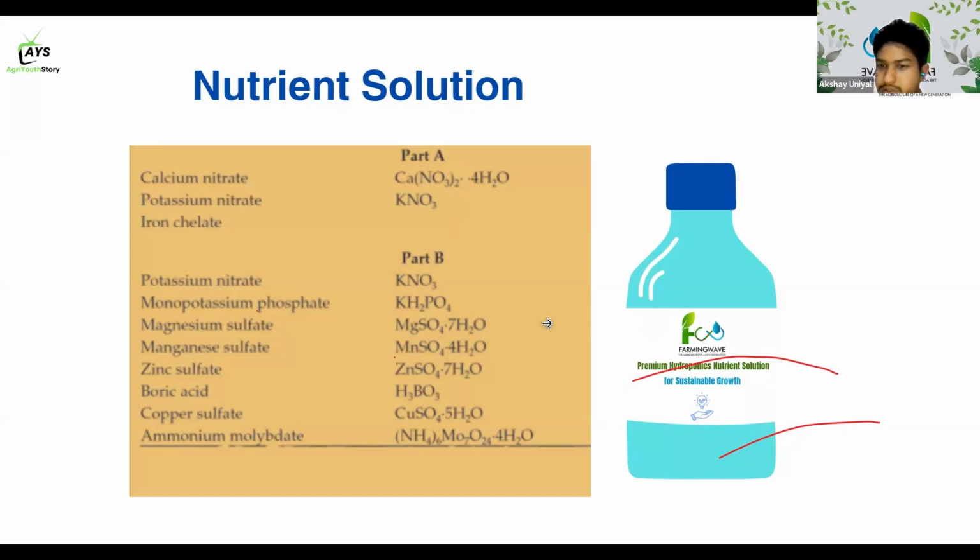When we are growing something in soil, we usually wait for the plant to tell us what kind of deficiency it has. For example, we are growing any kind of crop, and we see the newer leaves turning yellow. It might be a zinc deficiency. After that, we act on it.